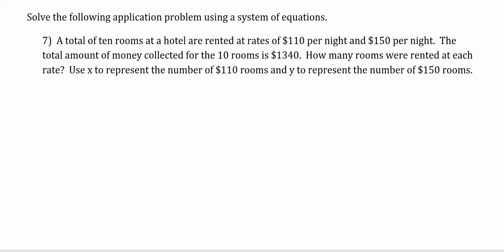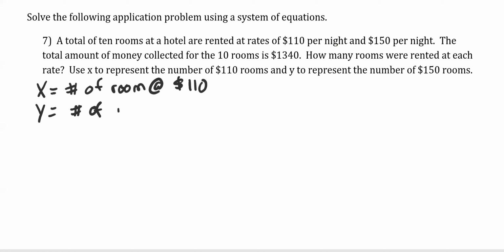Let X represent the number of rooms at $110, and Y represents the number of rooms at $150. So we can solve this using two equations and two unknowns. We know that there are a total of 10 rooms.